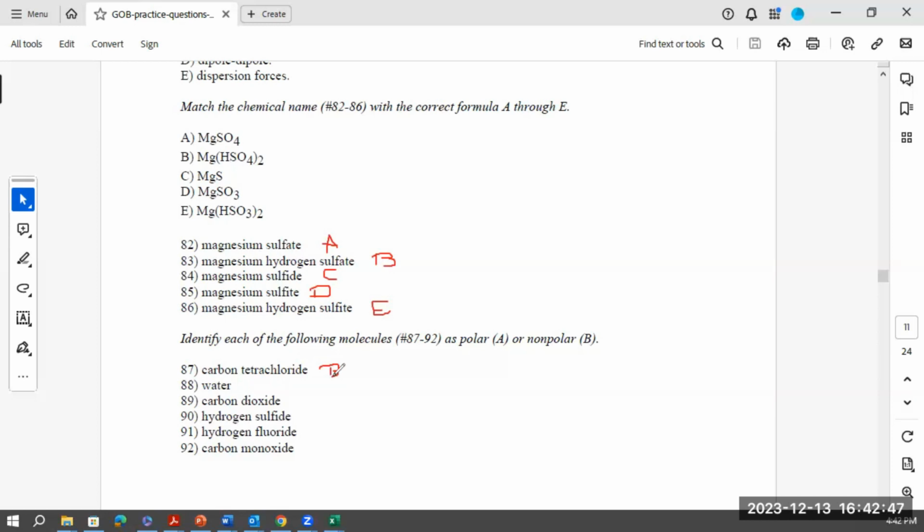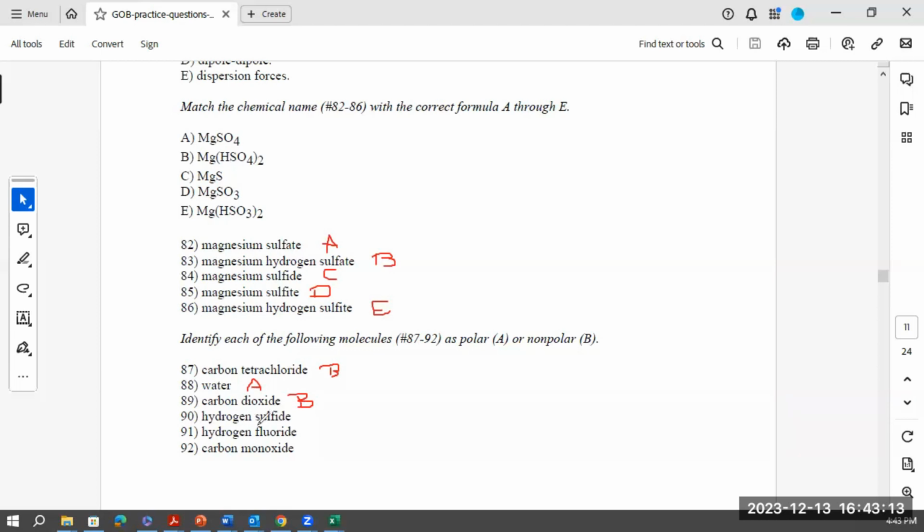Water. It's polar, right? Anytime you see water, we always know water is our polar molecule. That's what makes it so special. Carbon dioxide. It's B, non-polar, because the oxygens are both pulling evenly, so nobody's going to have more pull than the other.